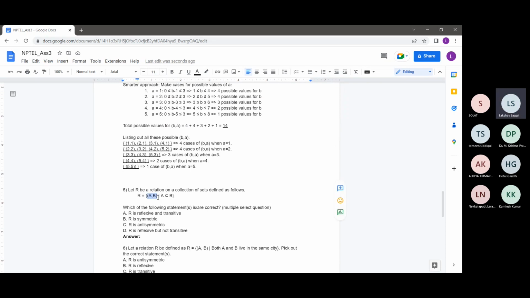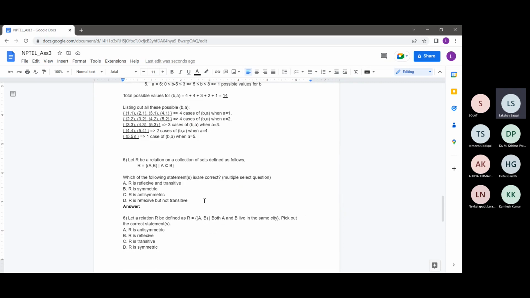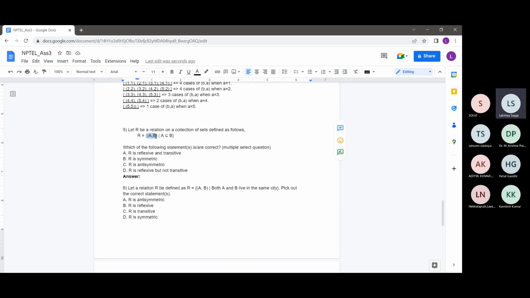Earlier, B and A were numbers and we had some conditions over B and A. But here we are defining over sets. So these are not numbers, these are sets.